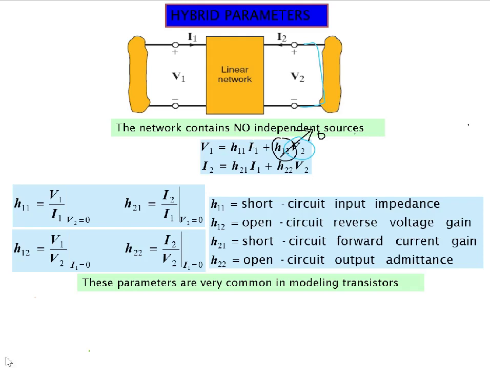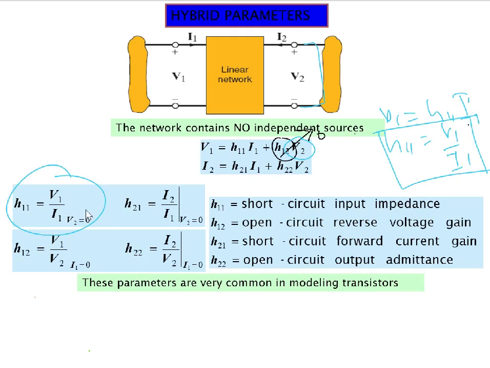So we can find H11 by making V2 0. V1 is equal to H11 times I1, so H11 is V1 divided by I1. This is what we got by making V2 0. Similar is the case with H12. For H12 we make I1 equal to 0.